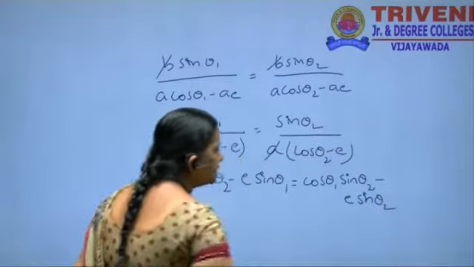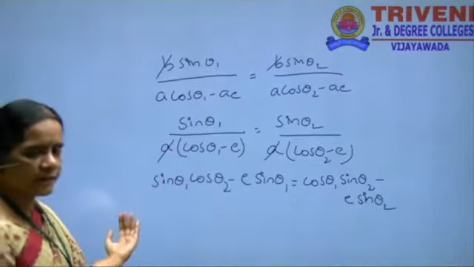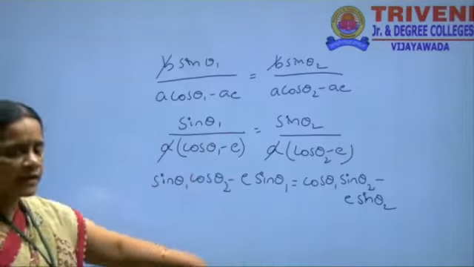We can rearrange the values here. Cos theta 1 sin theta 2 goes to this side and e sin theta 1 goes to that side.